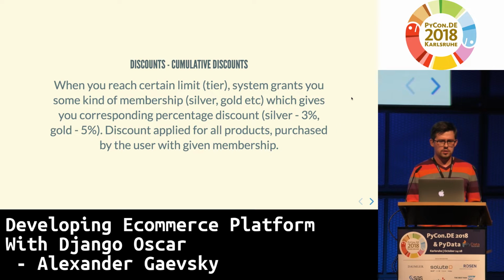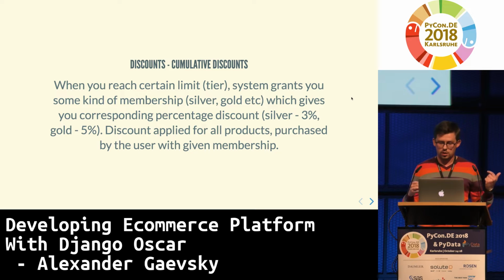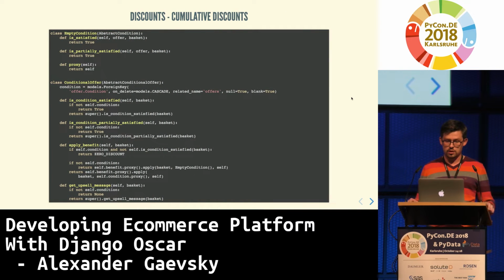There is also a case for cumulative discounts: when you buy more and more, and you reach some limit of purchases, for example 2,000 euro that year, you are granted some kind of membership, and later you can have a small constant percentage discount. So let's see how we can implement this as well.